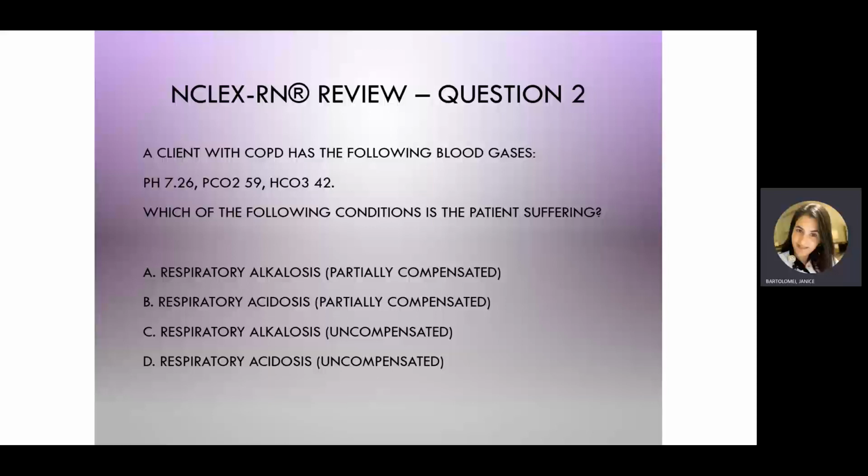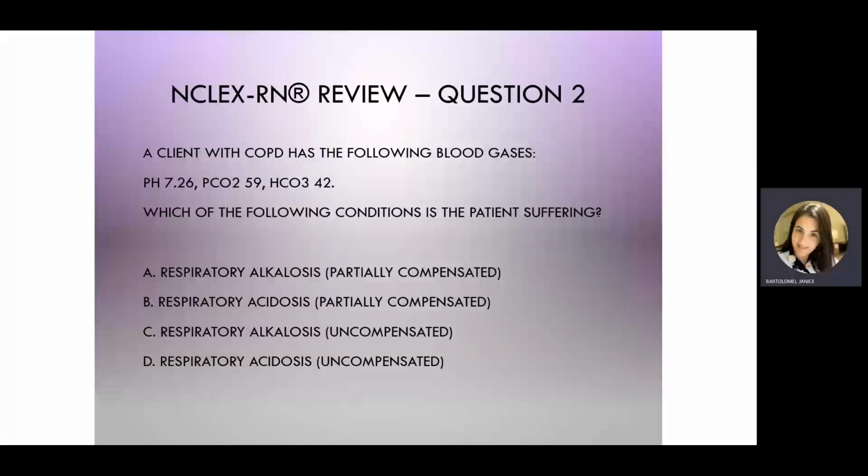So we have opposite directions here. So we know it's a respiratory issue. It's not metabolic because look at the pH. No, the arrows are not going in the same direction as your pH.